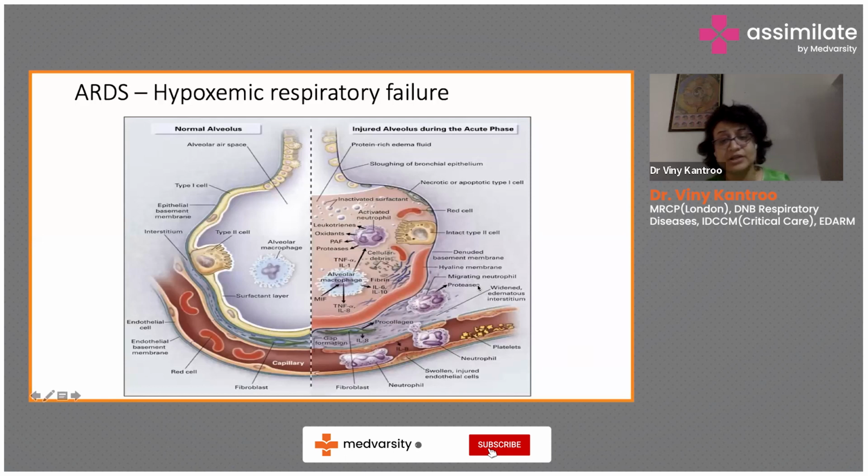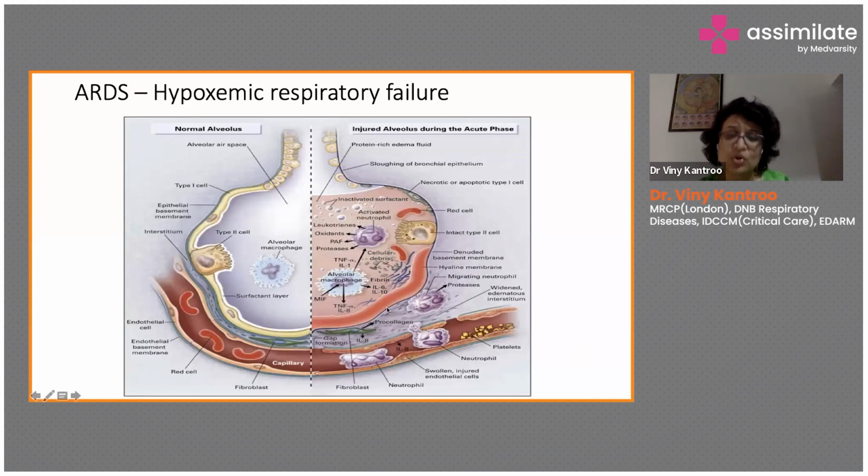Also, there are migrating neutrophils with leakage of proteases, widened edematous interstitium with procollagen leaking in. There is gap formation between your capillaries. They lose their crosstalk. There is accumulation of all the inflammatory markers, which includes these TNF-alpha, IL-8, IL-6, IL-10, and IL-1.